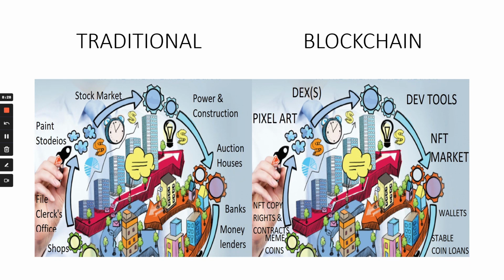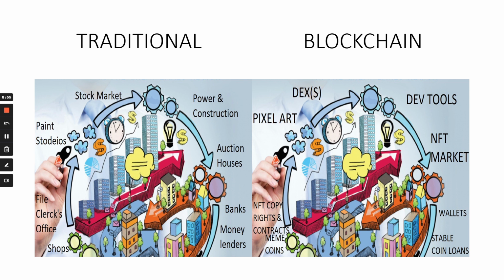Oh, all right. Traditional market: a stock market. A decentralized exchange is a decentralized stock market. There are multiple DEXs. Power and construction, dev tools. That's how we build on the blockchain. Auction houses, those are NFT markets, trading the NFTs at auctions. Paint studios, pixel art. File clerk's office. Do you know NFTs can be used as copyrights and even are being used as contracts?